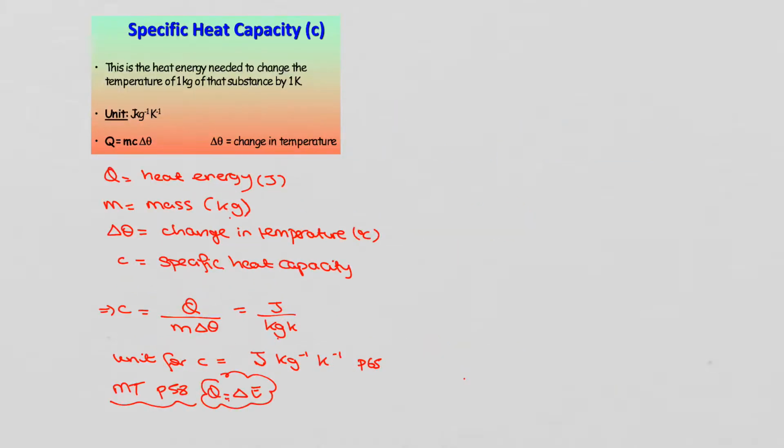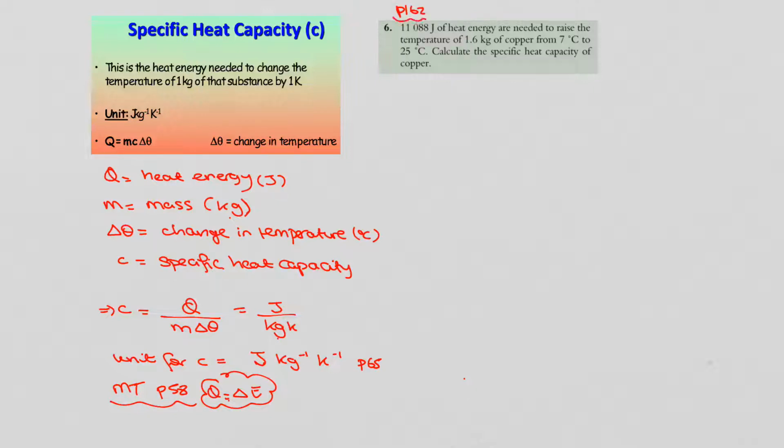So let's have a look at an example that involves us finding our specific heat capacity. On page 162 in our textbooks, we're going to do question 6 first of all. We can see here we're given 11,088 joules of heat energy is needed to raise the temperature of 1.6 kilograms of copper from 7 to 25 degrees.